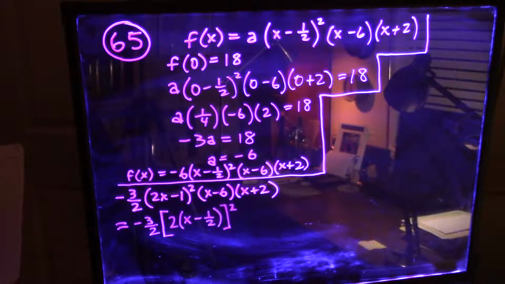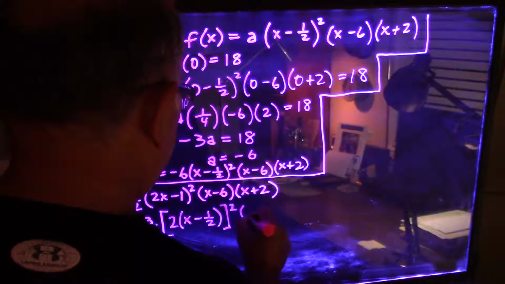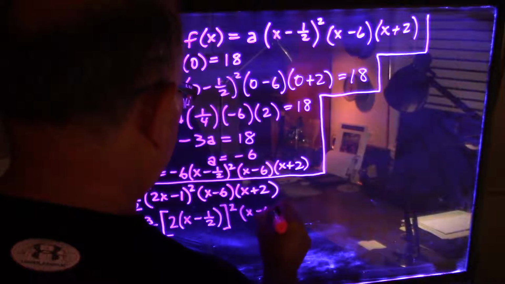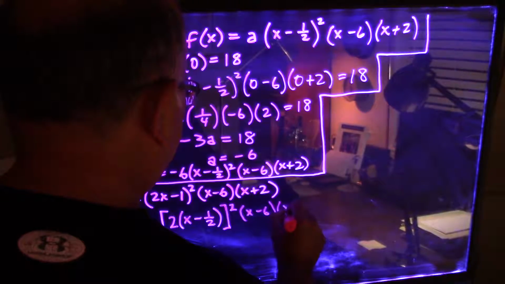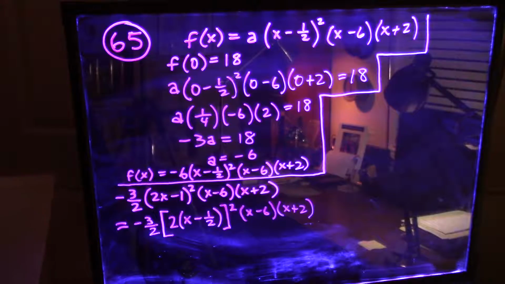So in other words, I'm doing all this factoring inside these parentheses. You can think of the brackets as being the original parentheses. And then you've got x minus 6, x plus 2. So what we have here are nested parentheses, as they say.